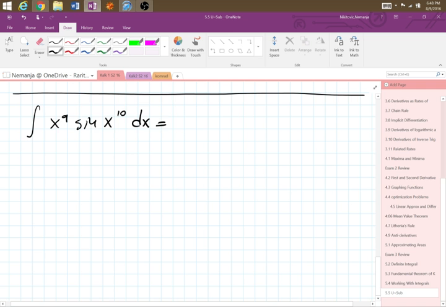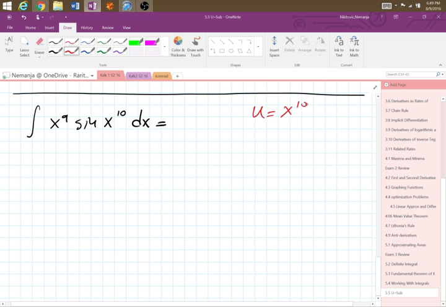What's u? x to the 10, because its derivative is x to the 9. Yeah, I know you're going to have constants to mess with, but that's okay. As soon as you figure out the function-derivative pair, you should be able to immediately set u to be the function.